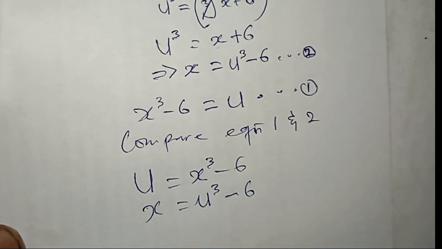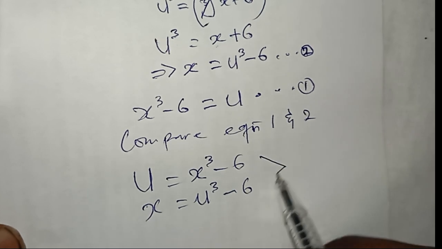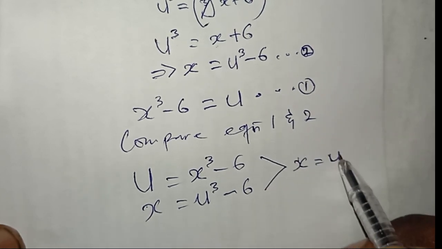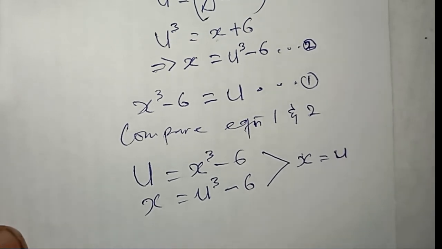You can see that for these two equations to be the same, x must be equal to u. If that is the case, we can substitute for u anywhere we see it in either equation 1 or equation 2, and just replace it with x.